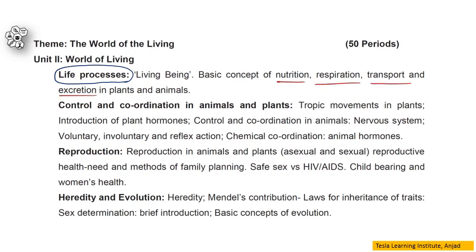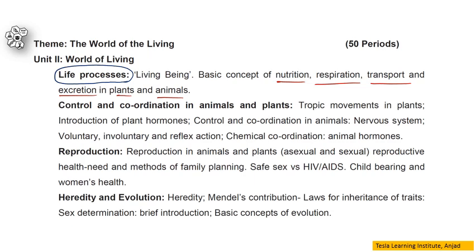This is a very interesting chapter, and you will also learn how digestion works, how the respiration system works, and how all the nutrition and the oxygen that you intake is transmitted to every single cell in your body. How this all happens in living beings, both plants and animals.